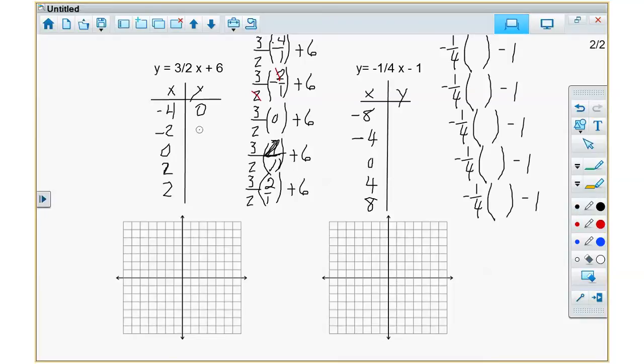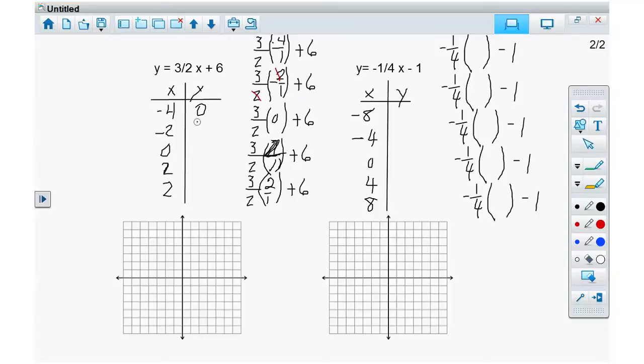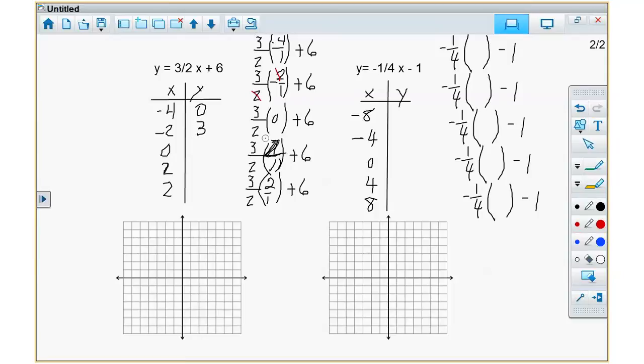You owe $3, you have 6 in your pocket. You're positive 3. What's 0 plus 6? What's the pattern? Count by 3. 0, 3, 6.